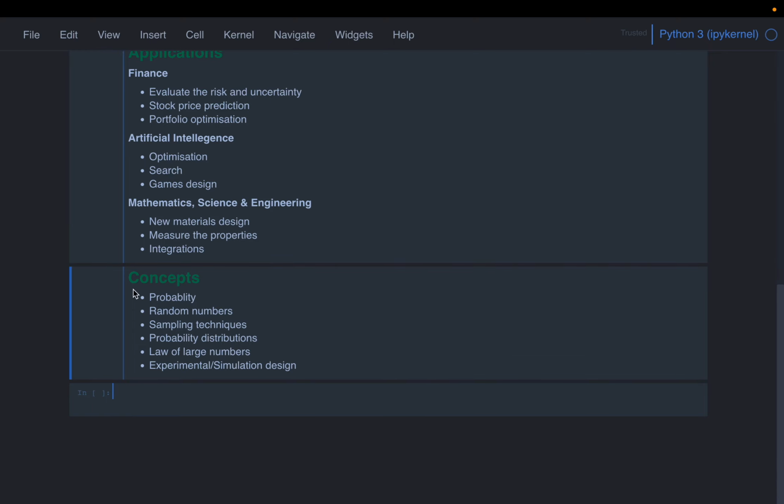The simulations depend on a number of concepts that we need to understand well in order to be able to design the simulations, run them, and do the inference.